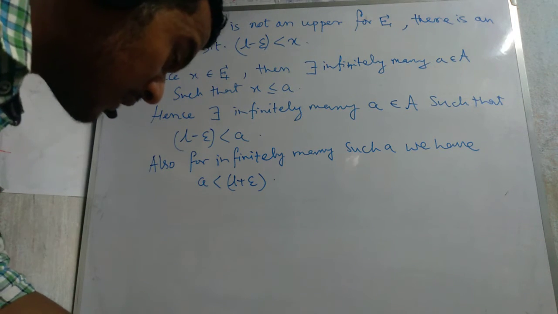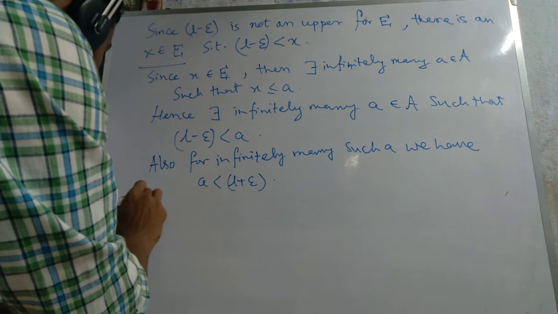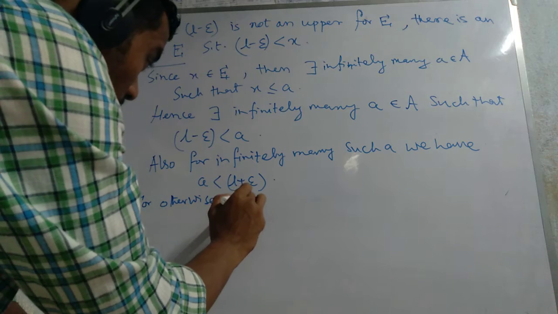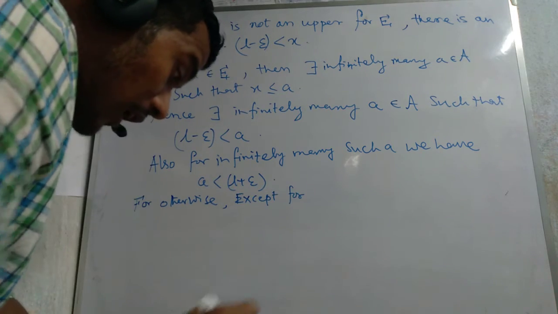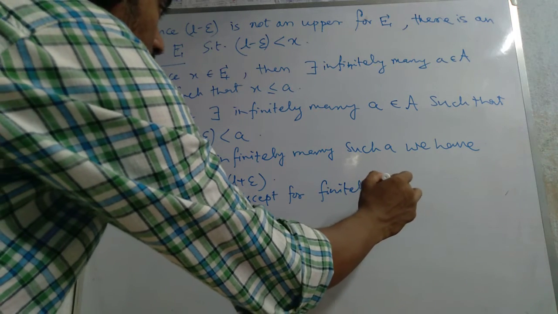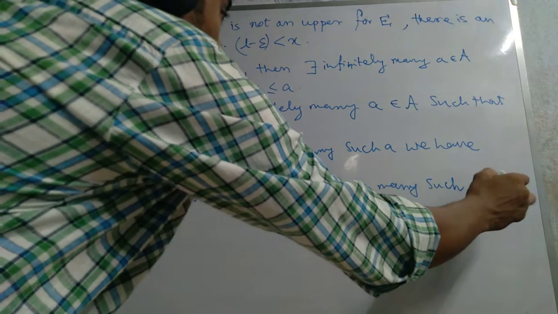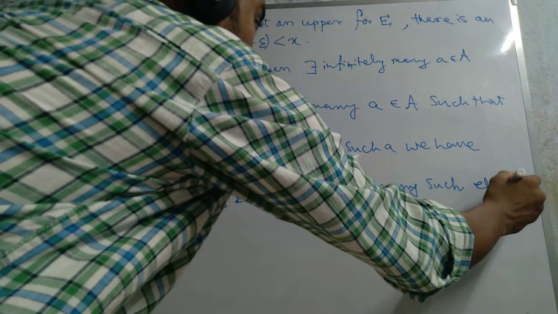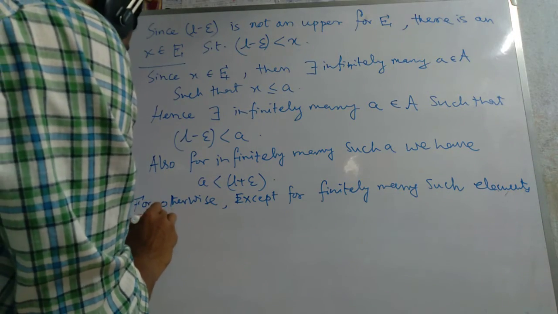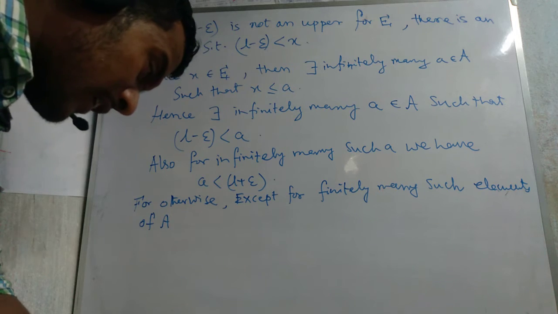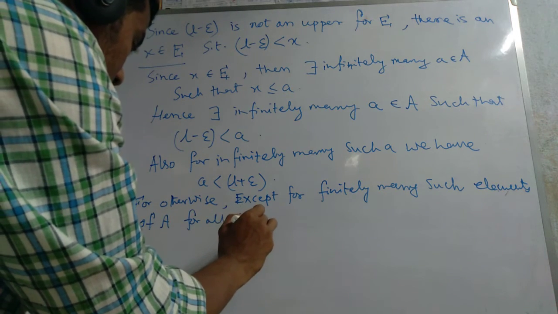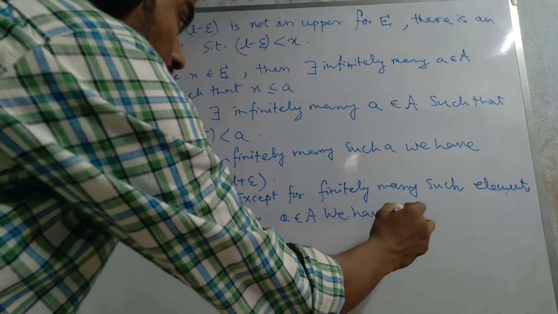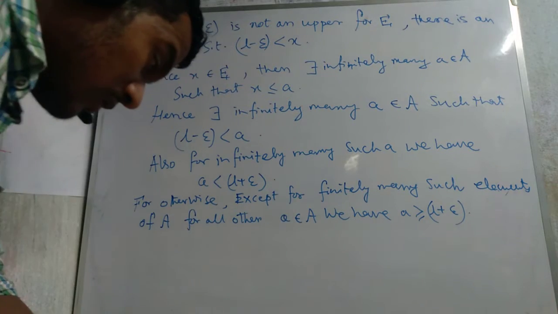Otherwise, except for finitely many such elements of A, for all other a belonging to A we have a > L + epsilon.